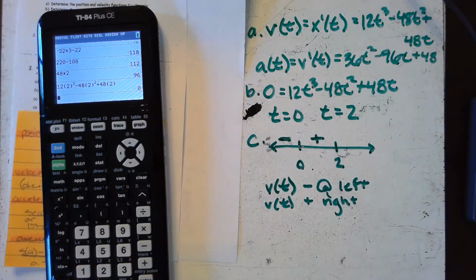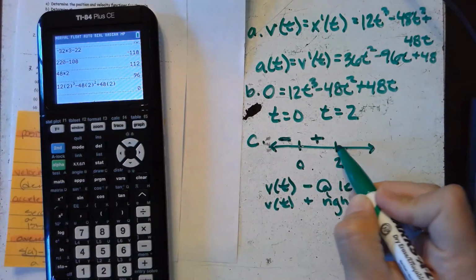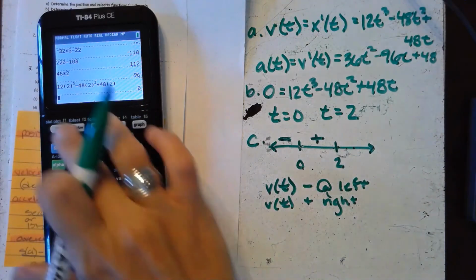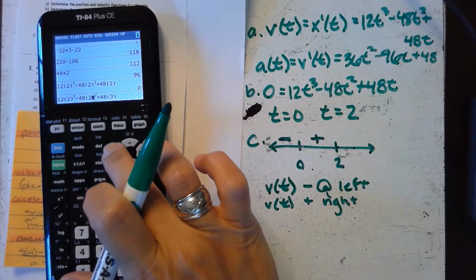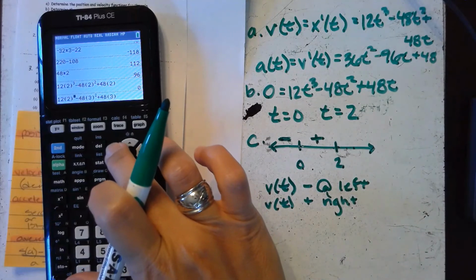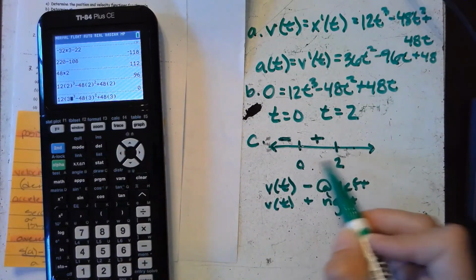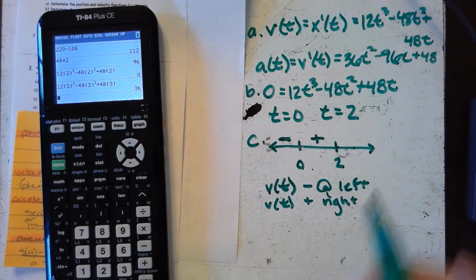And we realize that it's actually 0. Whoops, and I didn't mean to put in 2. I meant to put in something after 2. So let's change all these. Second, enter, and we can change all these, say, to 3. Sorry about that.